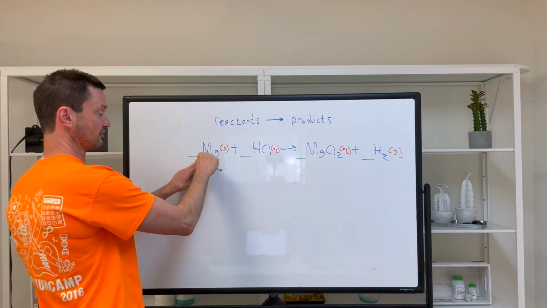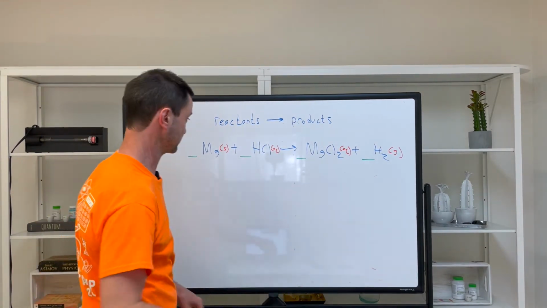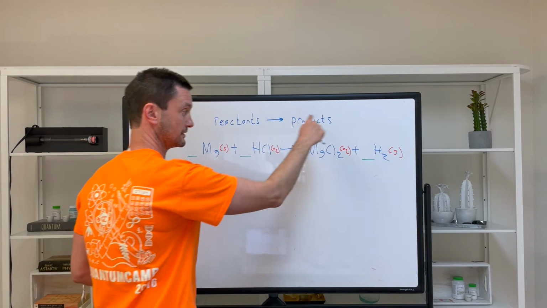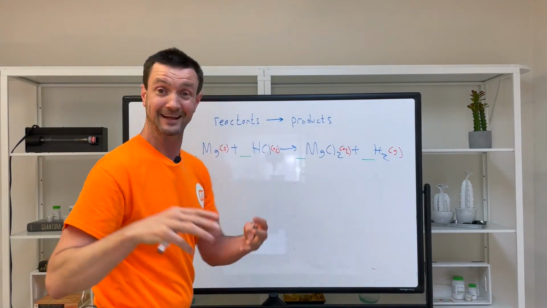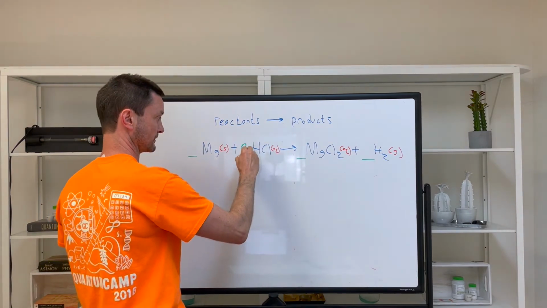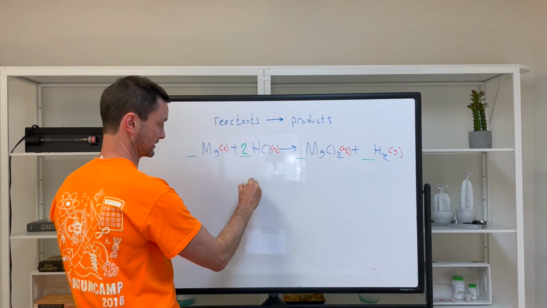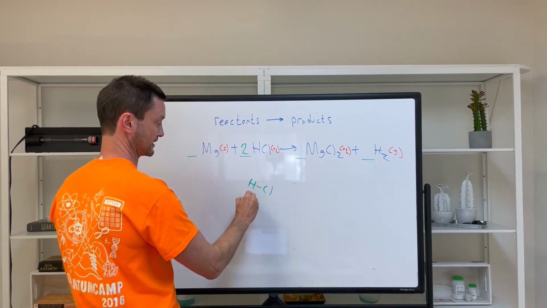I have one magnesium here and one here. So that's cool. We don't have to write anything. I have one hydrogen here, but two hydrogens here. That's a problem. But there's a quick solution. If I just write a 2 here, now I have 2 molecules of hydrochloric acid. So I could just picture it like this. I have 2 of these.